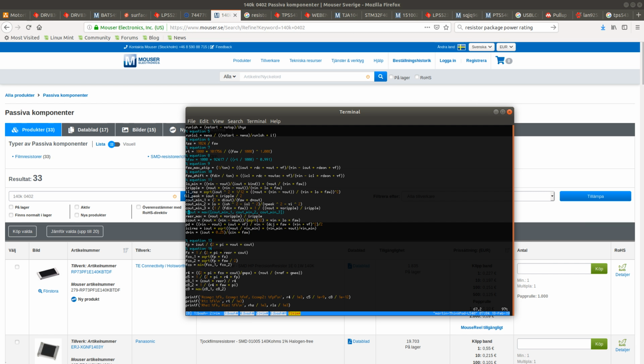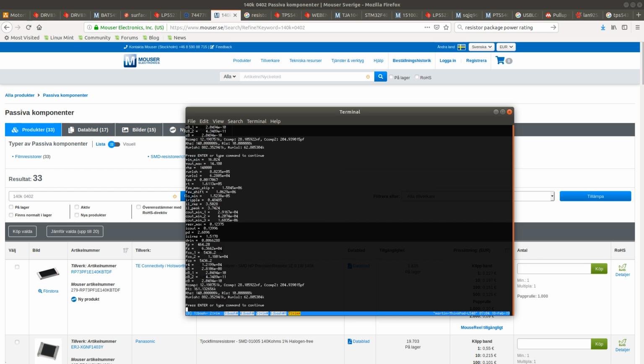So C out needs to be, yeah, we can do it like this, C out min. So minimum output capacitance has to be 42.